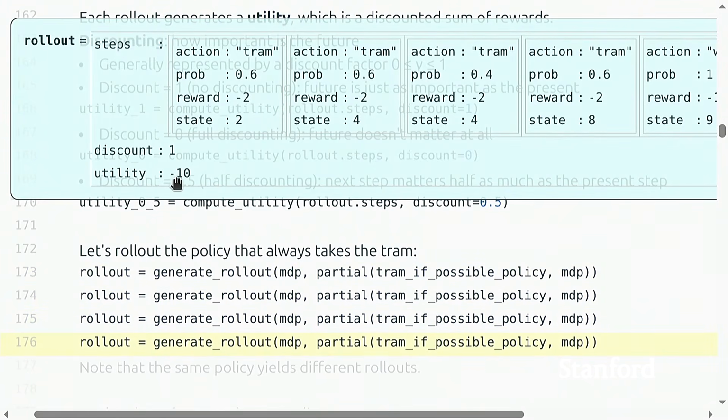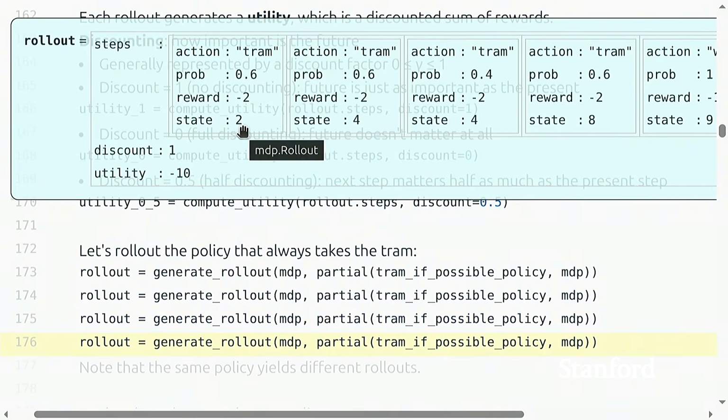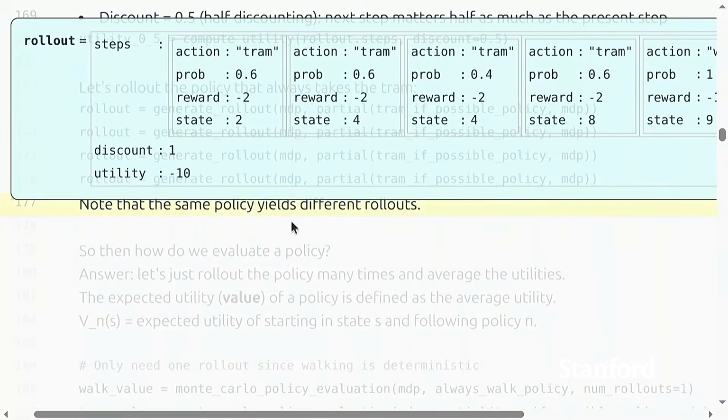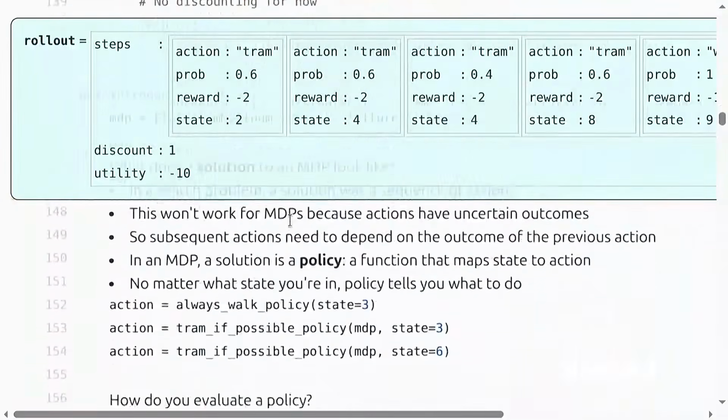For example, this time I took the tram and I got stuck and I'm in state 1, but this time I managed to go through. You can imagine there are exponentially many different things that can happen. So notice that the same policy yields different rollouts.